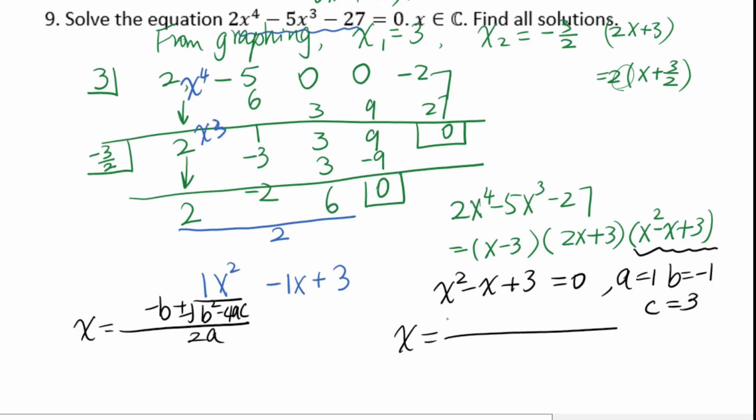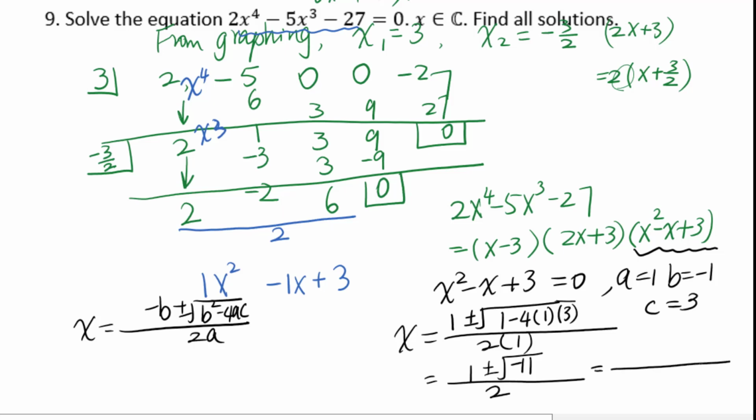Negative b will be 1 plus or minus negative 1 squared is 1 minus 4 times 1 times 3, over 2 times 1. So we have this is 2. 1 plus or minus square root. 1 minus 12 will be negative 11.